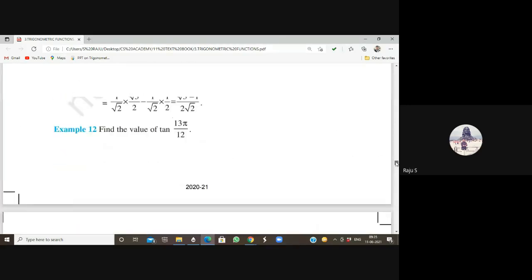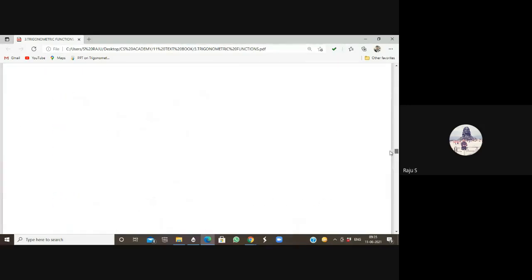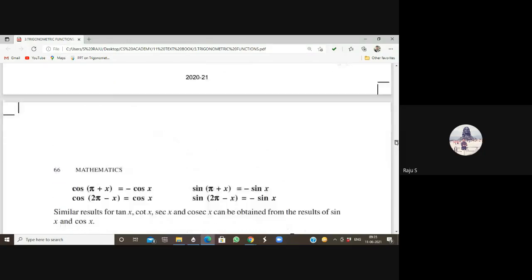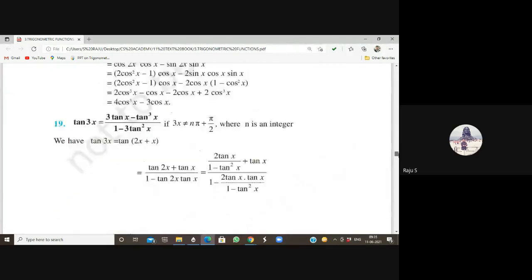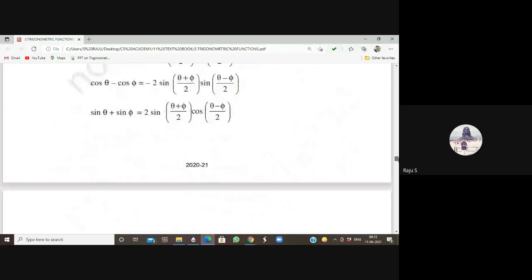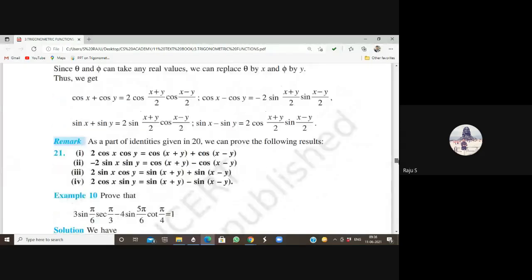First, let us do this exercise 3. See these formulas. We derived here sin(x plus y) plus sin(x minus y).